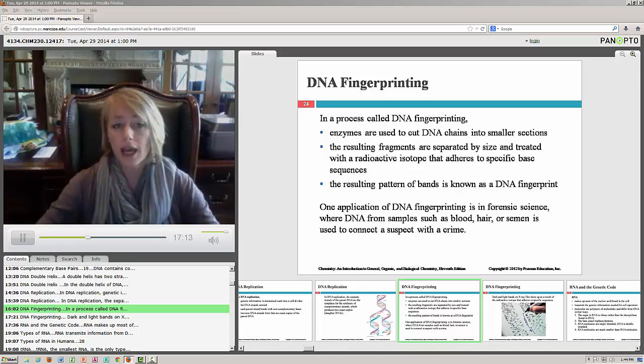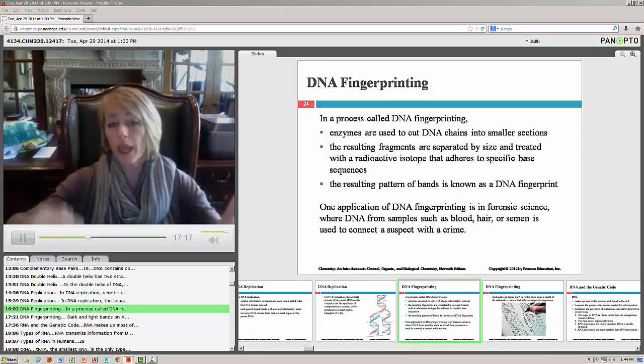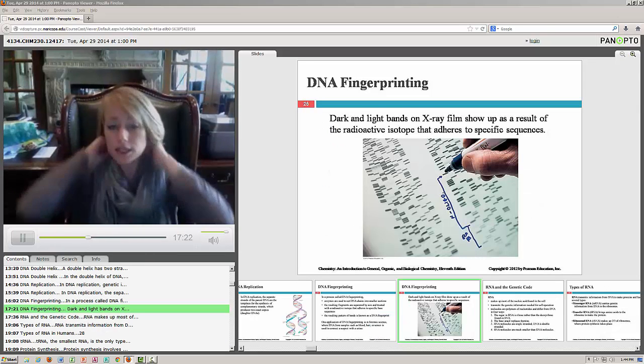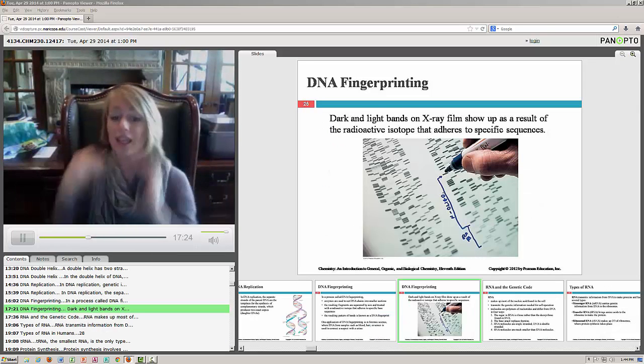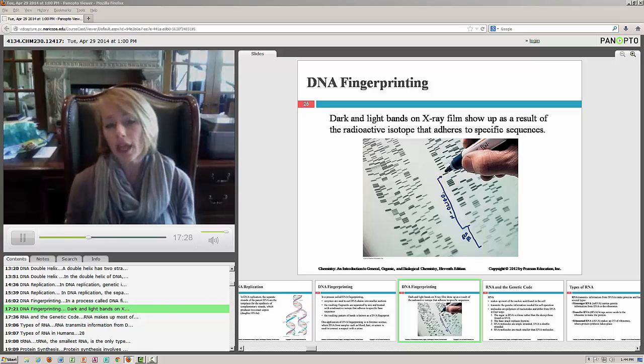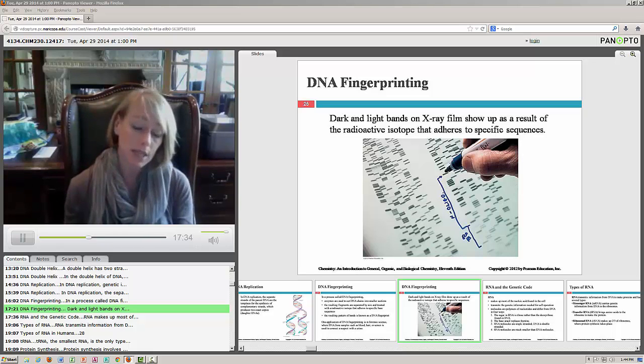When we do that, if the DNA is from the same source, the bands that travel will be the same bands. If we dye the DNA within the gels, we get a picture of where the bands can travel to. And if they're the same as our control sample, then it's the same DNA.